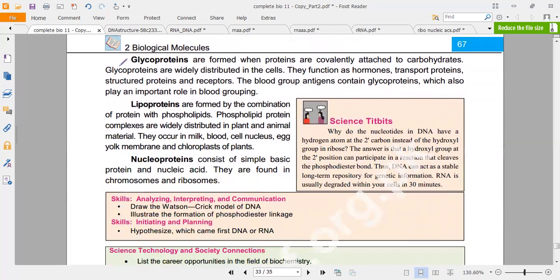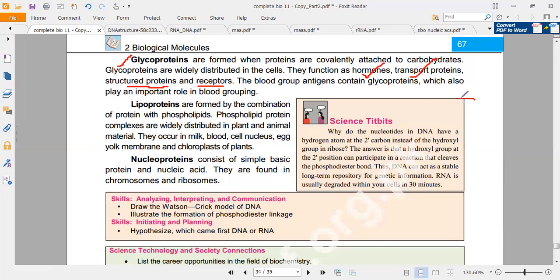So let's talk about glycoprotein. That is formed by proteins and covalently attached carbohydrates. They are widely distributed in our cells because they have functions like hormones, transport proteins or carrier proteins which carry substances in and out of the cells, structural proteins which are parts of the cell membranes as well as the membranes of different organelles, as well as receptors.